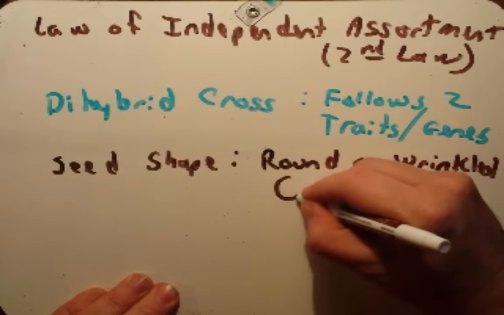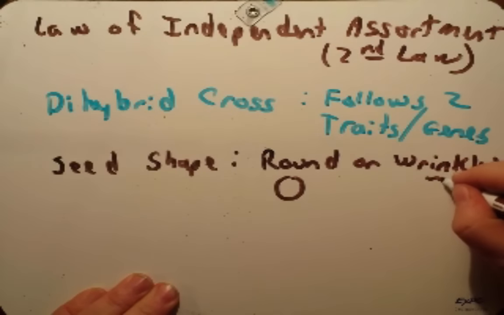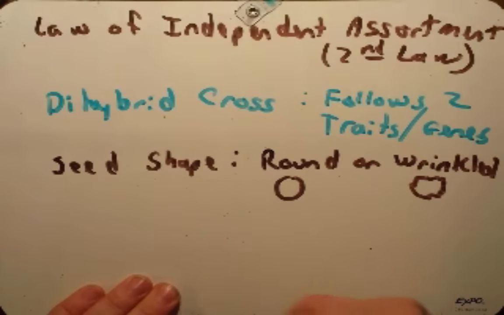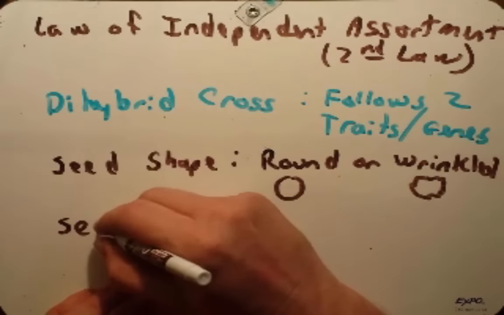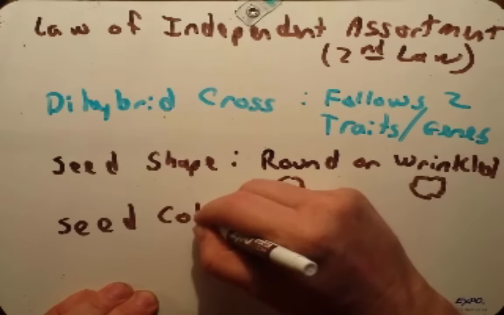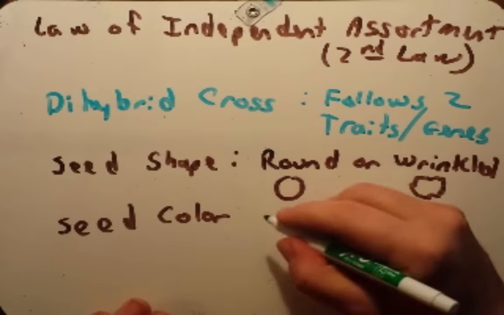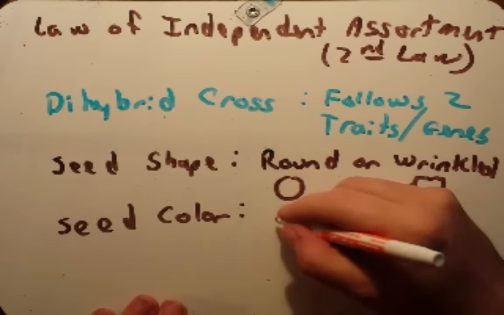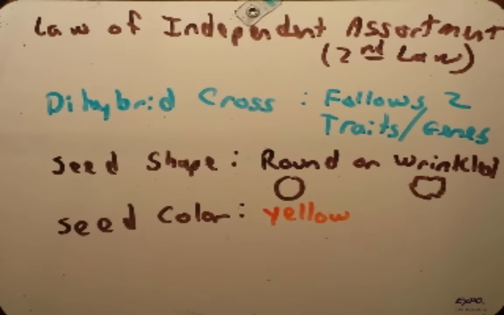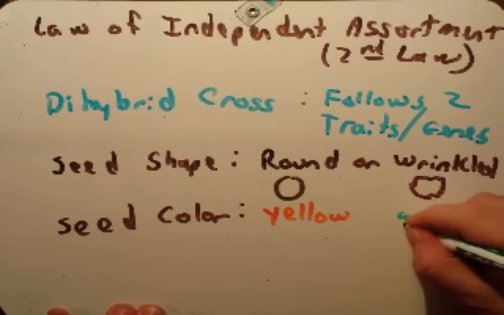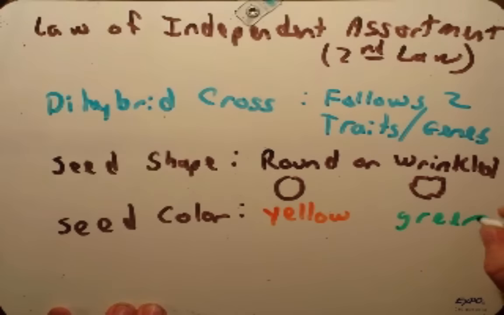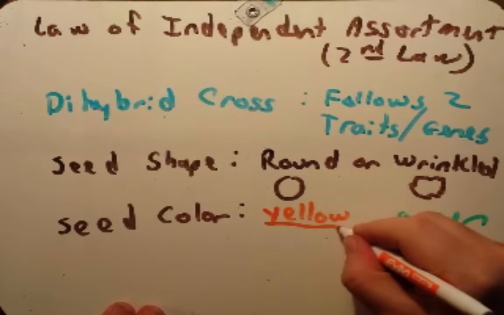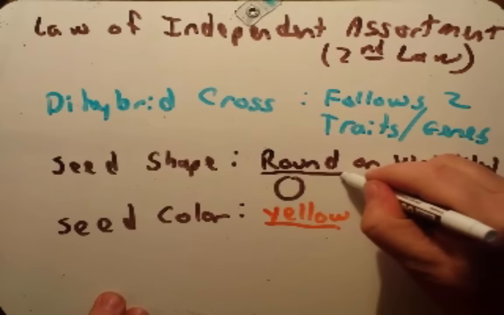And I'll draw that like so, as round or wrinkled. And then we'll also look at seed color. And seed color will either be yellow, which I'm going to use an orange marker for, because I don't have a yellow one, or it will be green. Yellow is the dominant color, and round is the dominant shape.